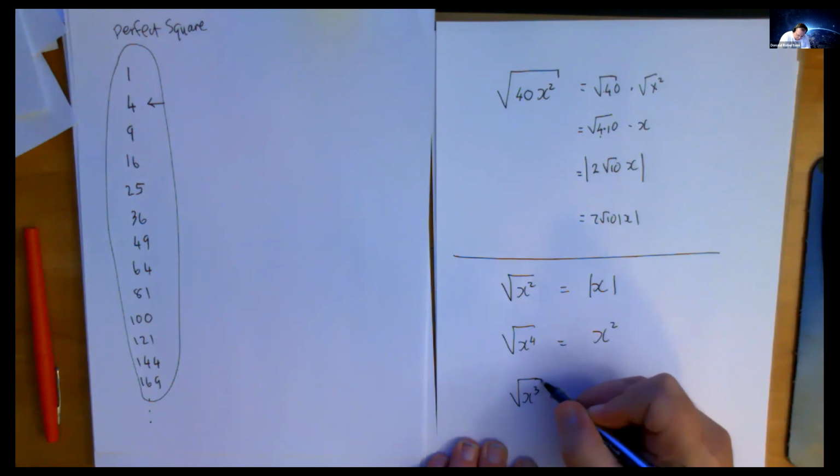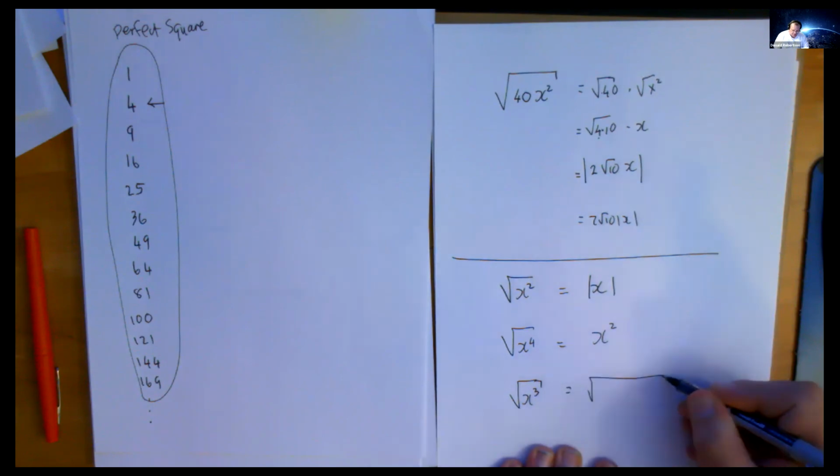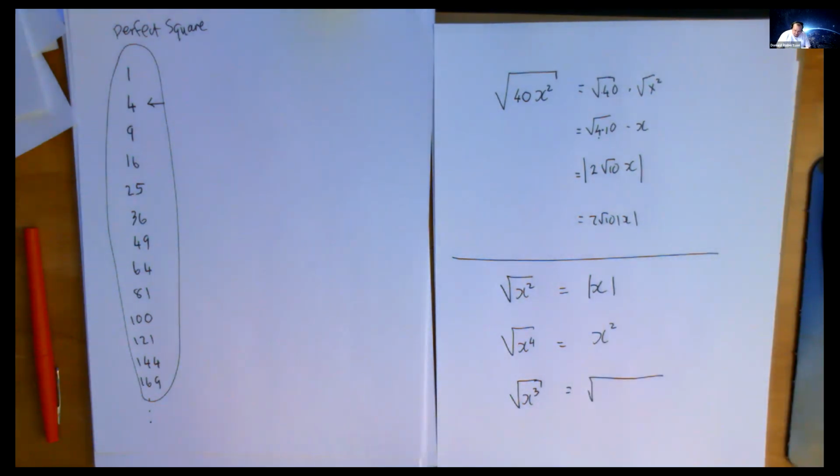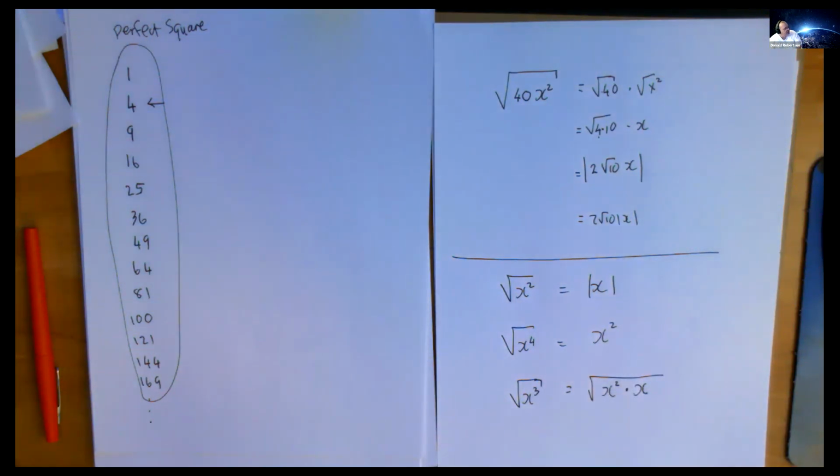What you're going to do to simplify x cubed. When it's 2, 4, 6, 8, 10, things work really well, don't they? But when it's x cubed, not so nice. I'm going to do something that looks a little bit artificial, but it works. Isn't x cubed x squared times another x? Isn't that just a different way of writing x cubed? Great.